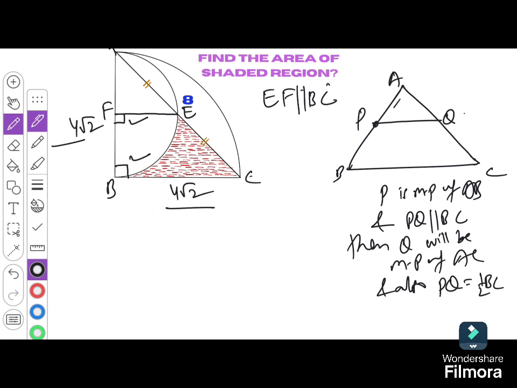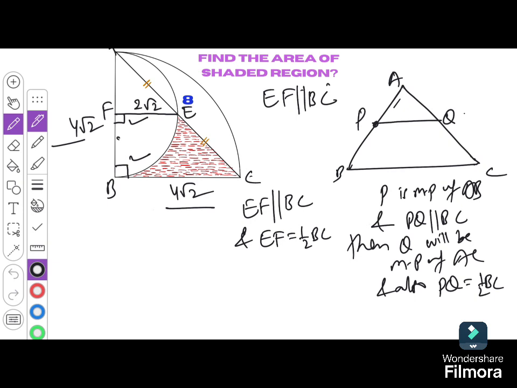So by converse of midpoint theorem we know two things. First, EF will be parallel to BC, and second, EF will be half of BC. So BC is already given 4 root 2, so this will be 2 root 2, half of BC.